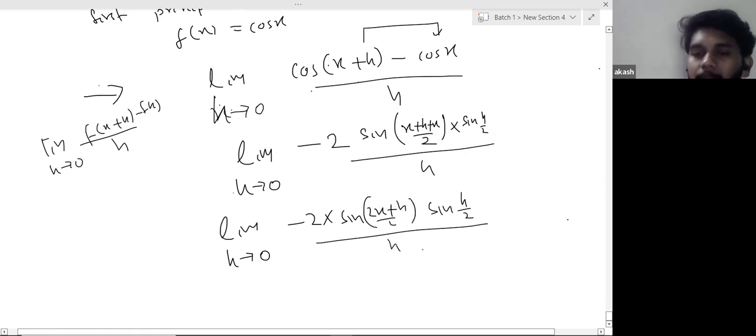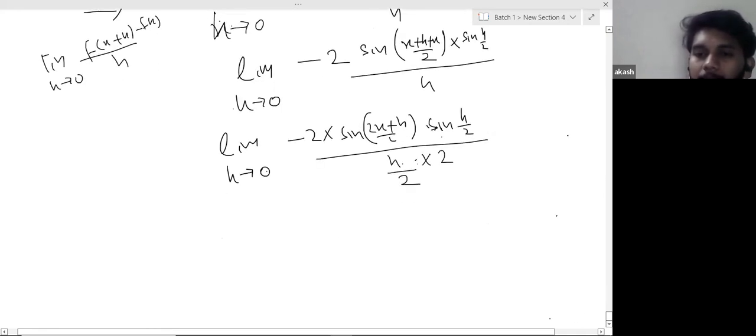whole divided by h. Now to solve this limit, if you put h equals 0, this will become sine 2x sine 0, that is 0 upon 0. So this is 0 by 0 form. According to the standard formula, if I multiply and divide by 2 here, I can get the value of sine h by 2 upon h by 2 as 1, and this 2 is cancelled.